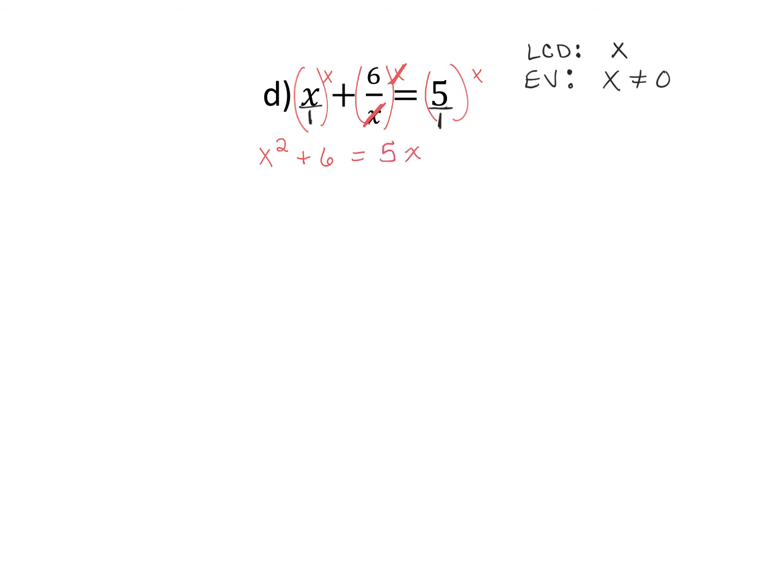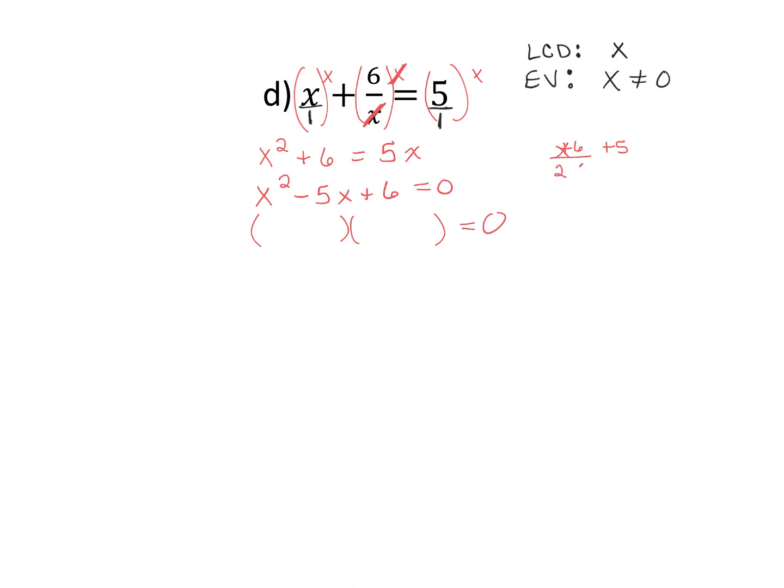And this is a quadratic, so I am going to move the 5x over so that I have it equal to 0, which is very typical with a quadratic. And if I'm lucky, this will factor. So two numbers that multiply to positive 6 and add to negative 5.